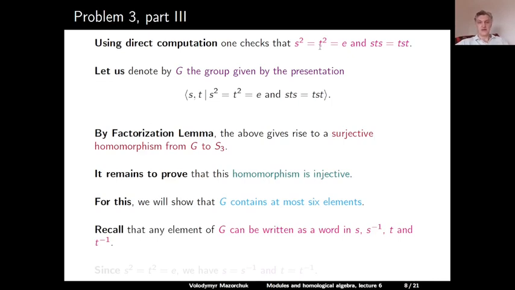By construction of the free group, any element of the group G can be written as a word in the generators S and T and their inverses S inverse and T inverse. But our first set of relations says that S squared is equal to the identity and T squared is equal to the identity, which means that S is equal to S inverse and T is equal to T inverse.